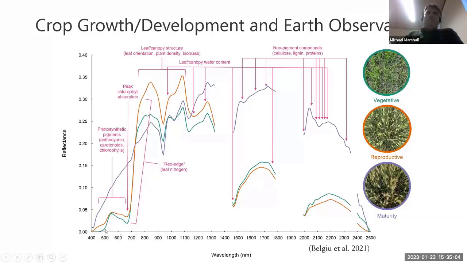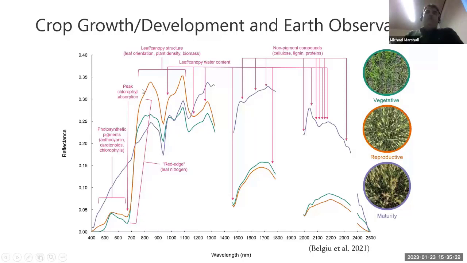In the reproductive and vegetative phase, you can see a lot of absorption in the visible range from about 400 to 650 nanometers, and a green peak around 550 nanometers. You can also see absorption around 690 nanometers, and that's because of chlorophyll.